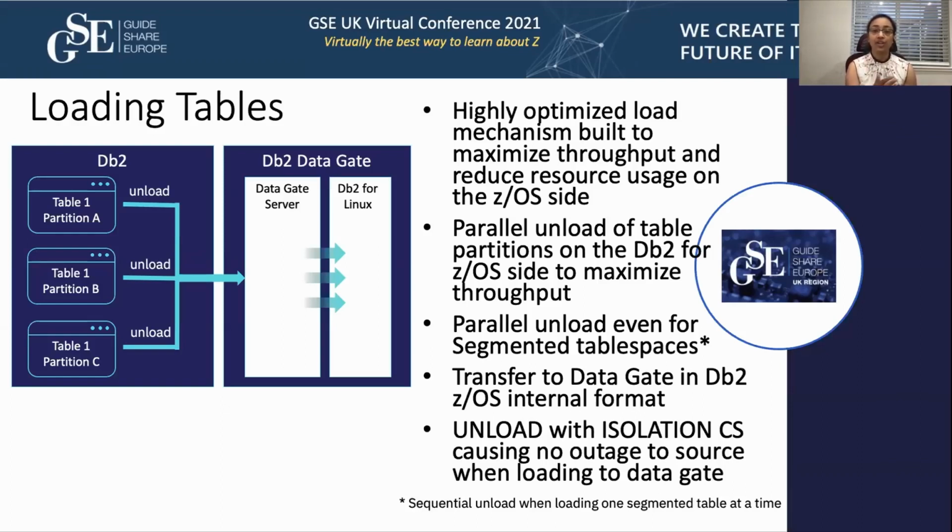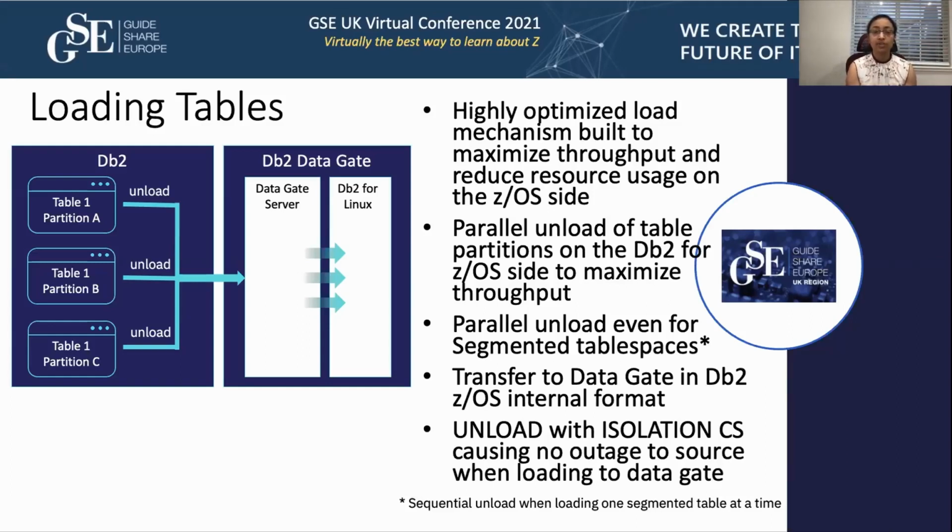Data transfer to DataGate is in the internal Db2 for z/OS format, and the complexity of the conversion to the Db2 LUW format and the insertion into the target is all handled by DataGate itself. One of the key things to note is that with the use of unload with isolation CS, the source tables are fully available and online during the entire synchronization process, and there is absolutely no outage on the source tables.